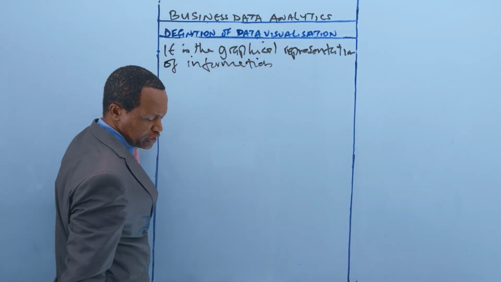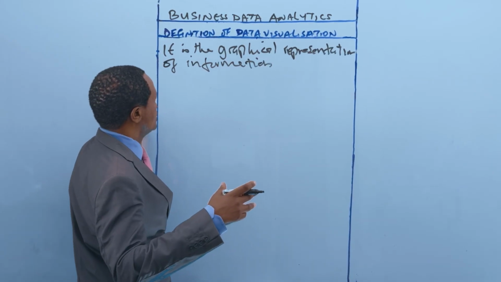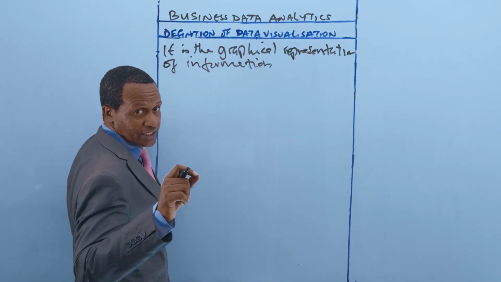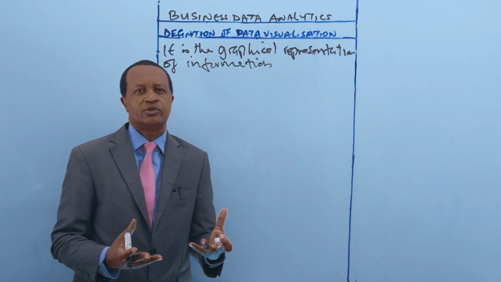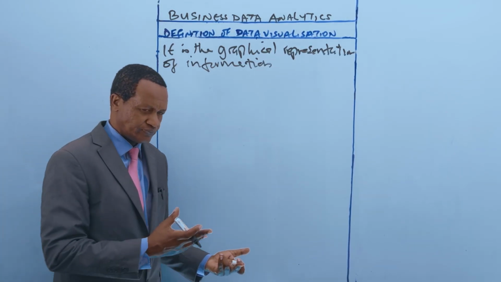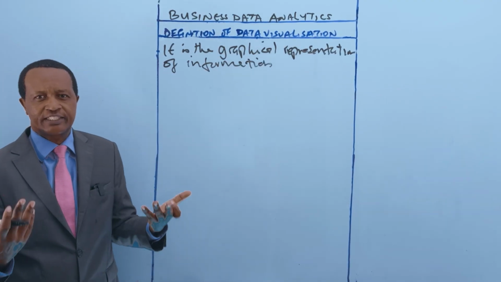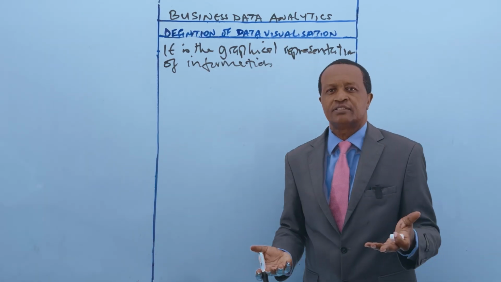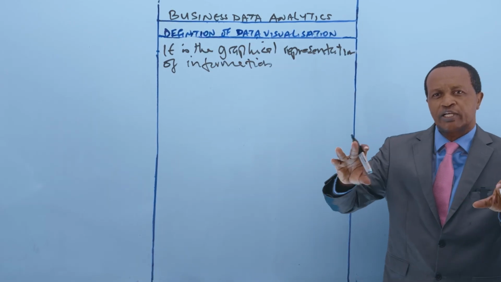You may have information in form of text, in form of videos, in form of numerical. So when such data is presented in a visual way, we say that is data visualization. And we use visual elements like charts, graphs, maps, and so on.